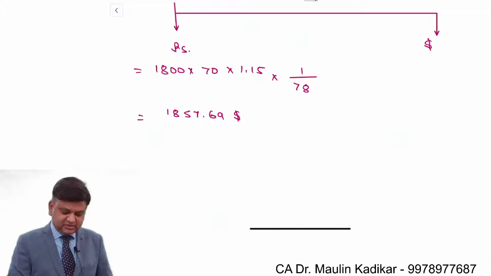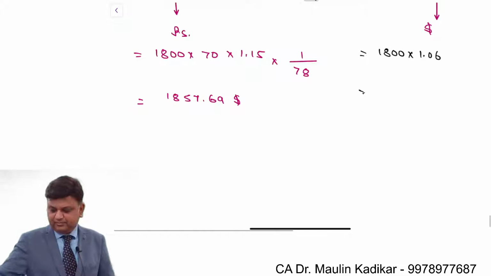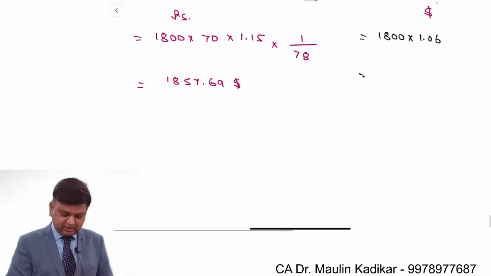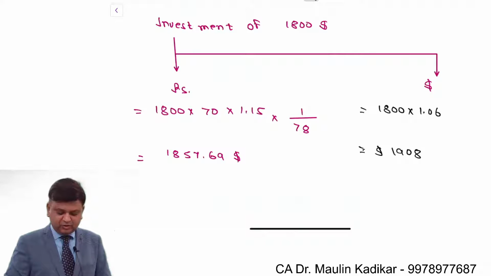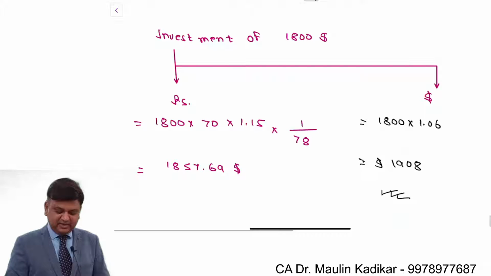And if you invest in dollar currency, then it is 1800 into 1.06. That comes to $1908. Which one is better? Of course, you have to make investment. So investment in dollar currency would be beneficial.